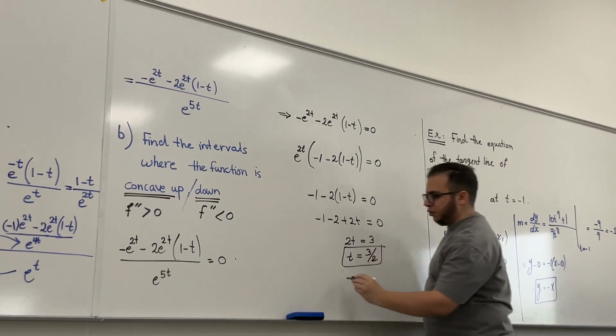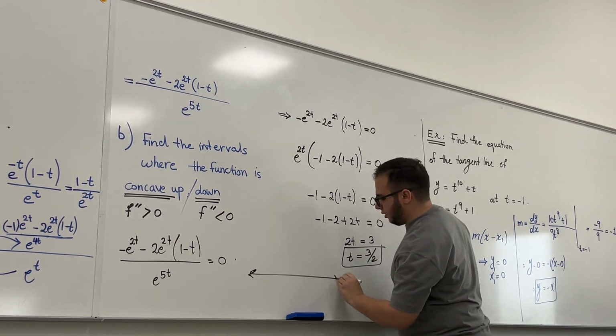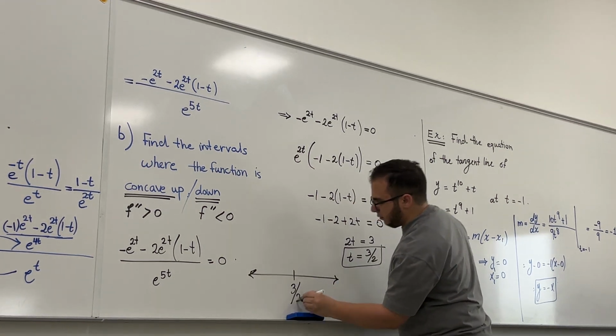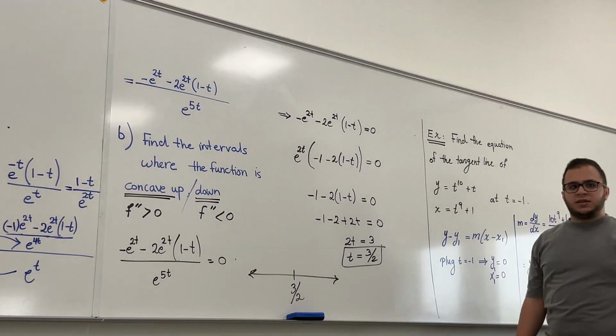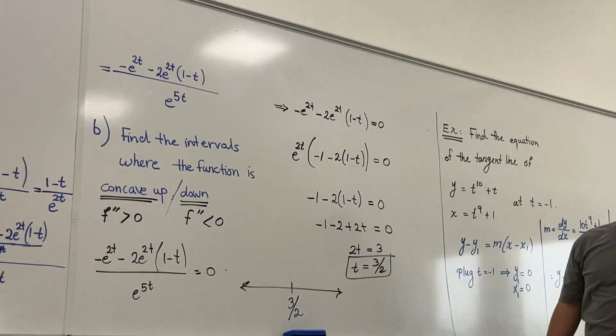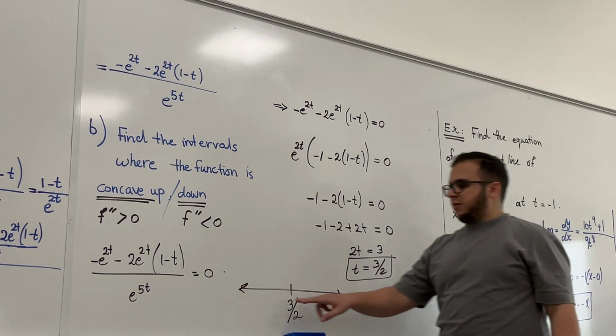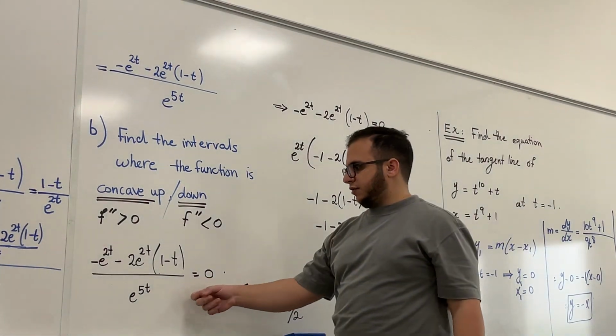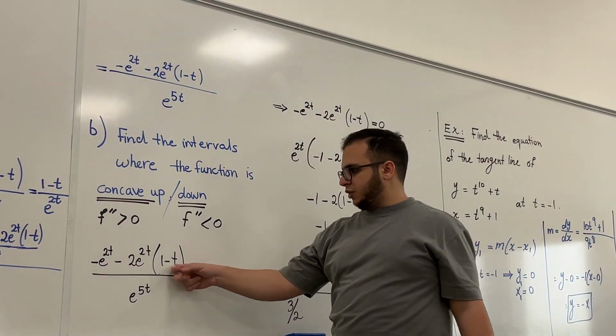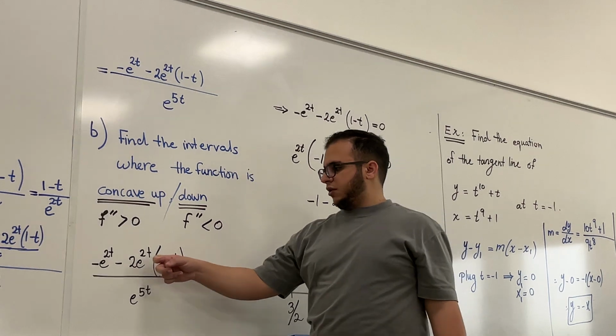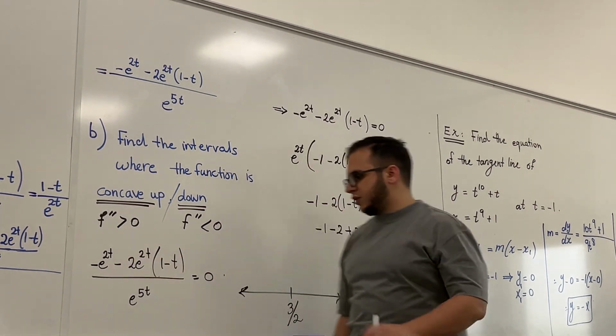This is the inflection point. Let's plug it on a number line and test the sign of the derivative. Plug anything now. Plug 0 for example, and tell me, is the second derivative positive or negative? If you plug 0, here is 1, this is minus 2, so this is minus.